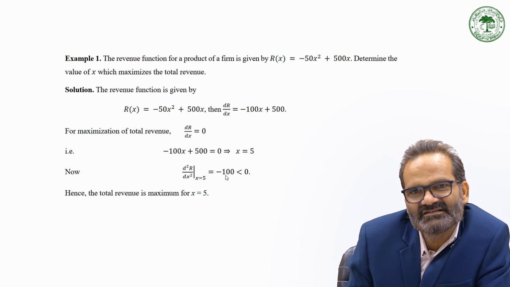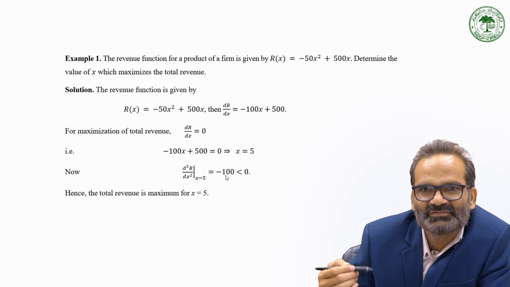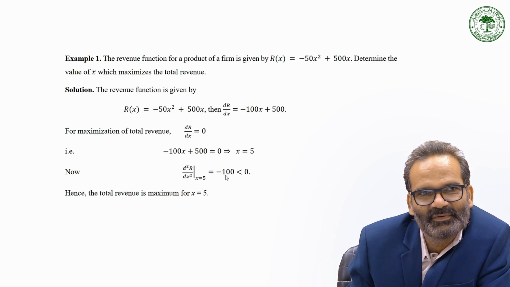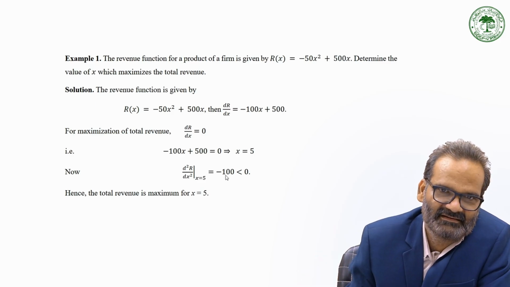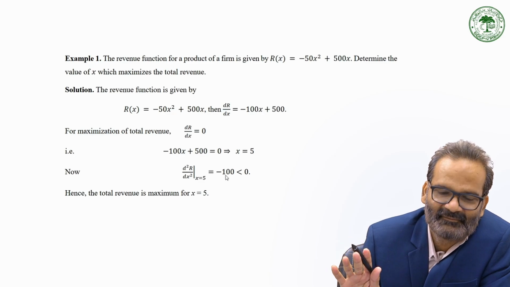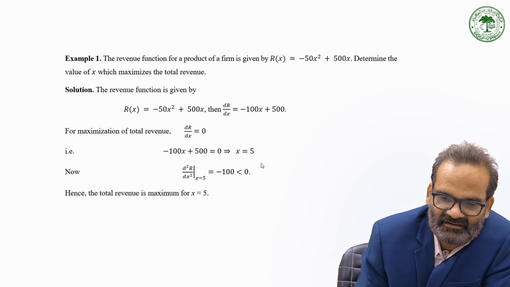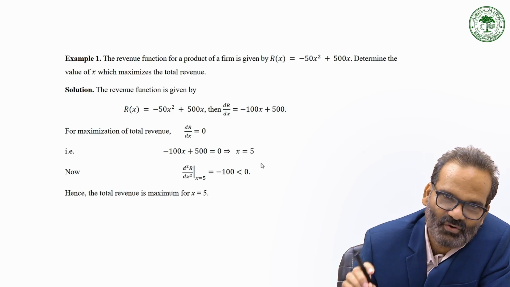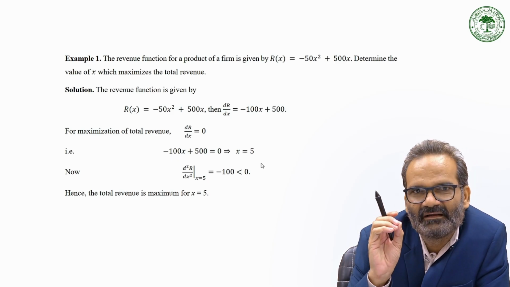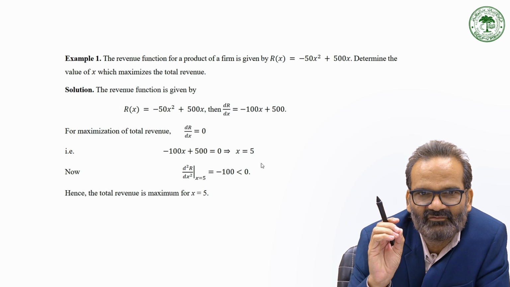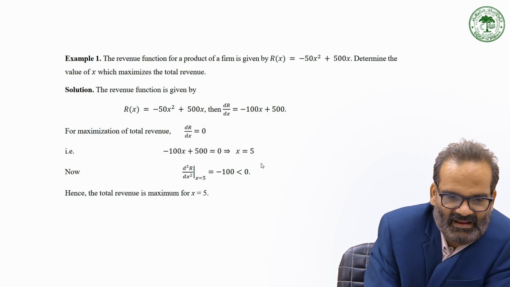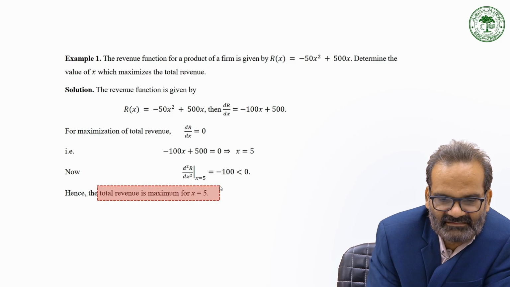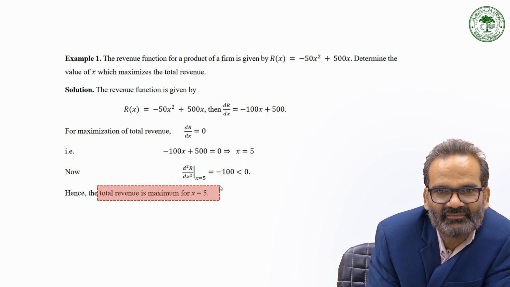This is a constant number, whether x is 5 or any other value, because it is independent of x. So this is negative. It shows that if 5 units of a commodity are being sold, then the revenue of the firm will be maximum. Hence, the total revenue is maximum if x equals 5.